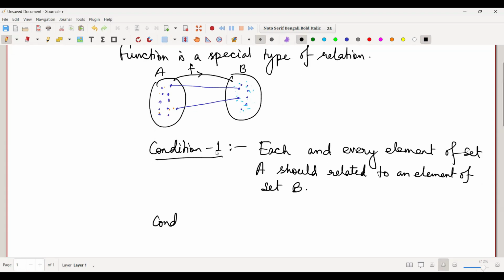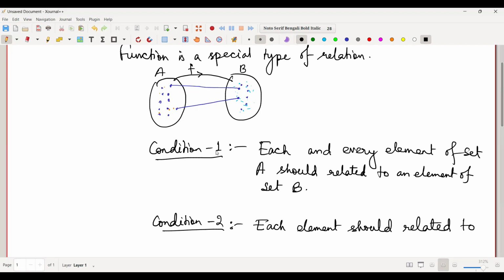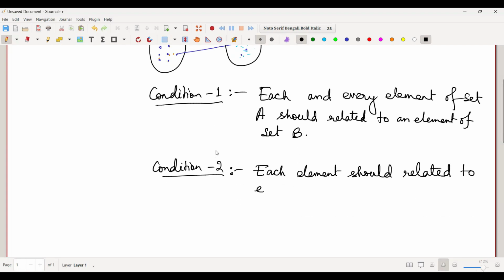And condition number 2 was that each element should be related to exactly one element.